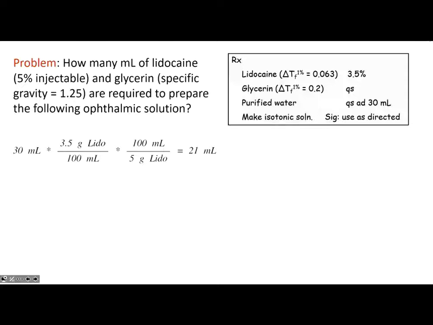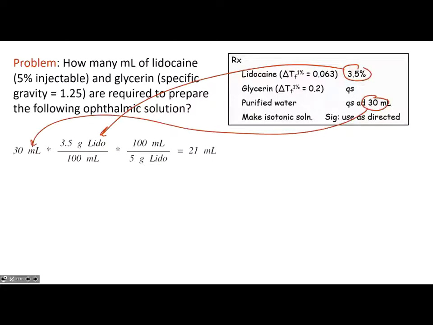Again, we're making 30 milliliters, so let's take 30 milliliters times the concentration in the prescription, right? It told us 3.5%. So to make 30 milliliters be 3.5%, you multiply that so that the milliliters cancel and you're in grams of lidocaine. And then the last step is, well, what is our source of lidocaine? We're not just weighing it, we're getting it from a 5% injectable.